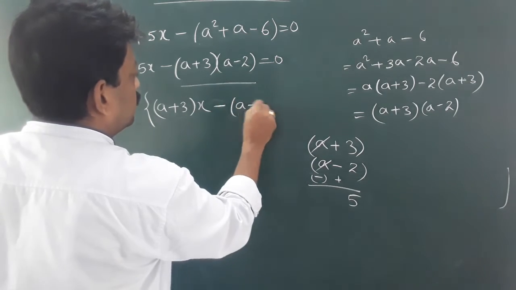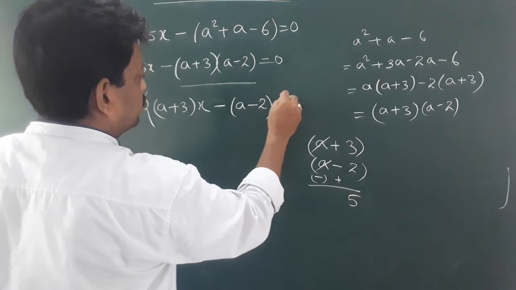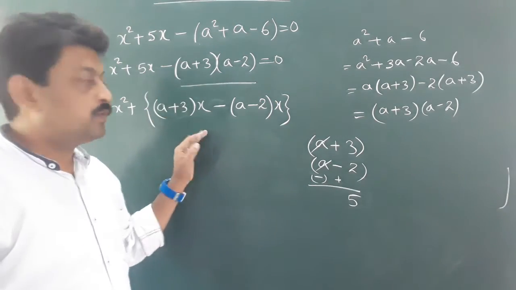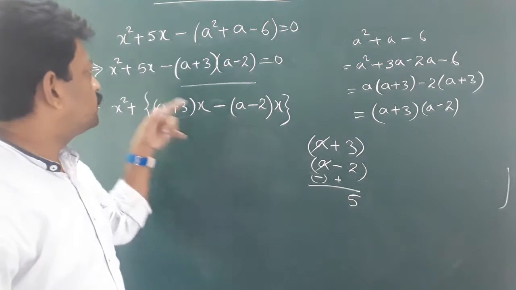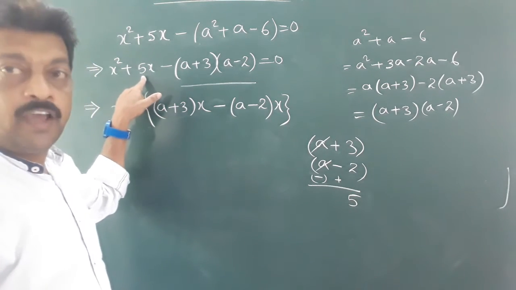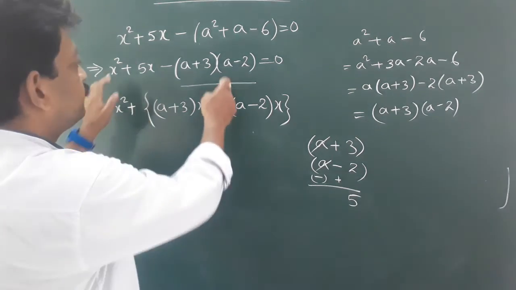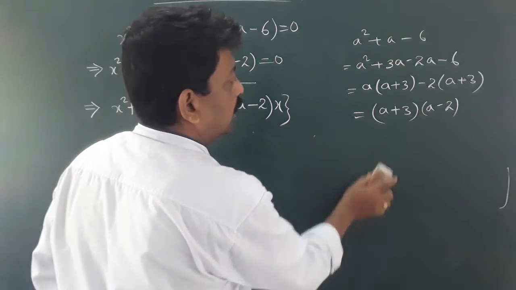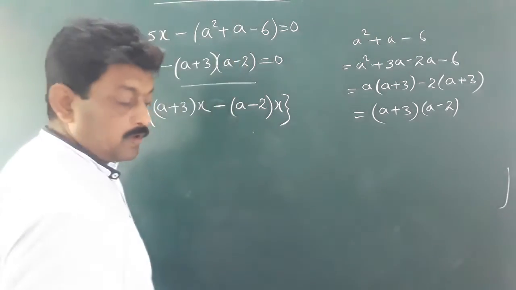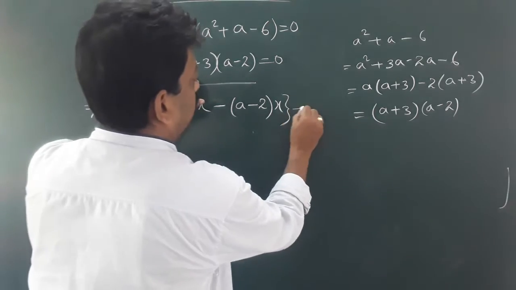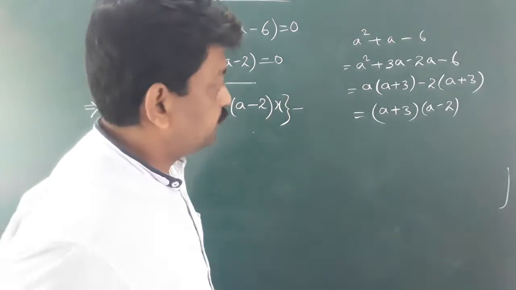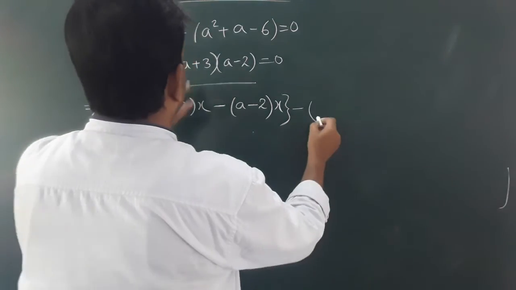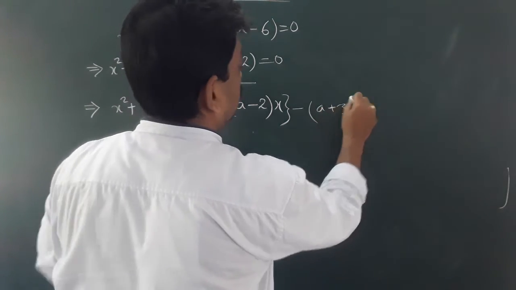So a minus 2 multiplied with x. So this middle term has been broken into two parts, whose difference will be 5 and whose product will be the product of the extremes, as we have done in the process called splitting the middle term. Minus this constant term here, means a plus 3 a minus 2.